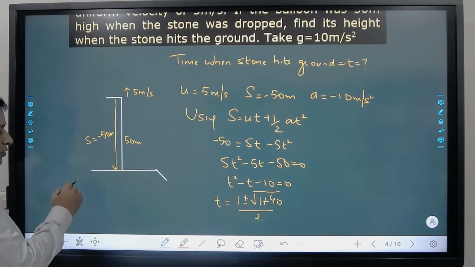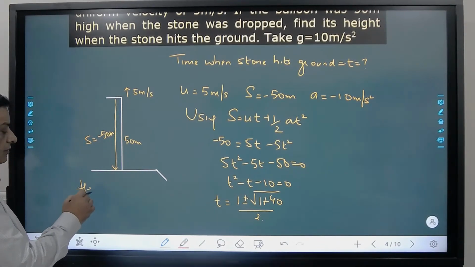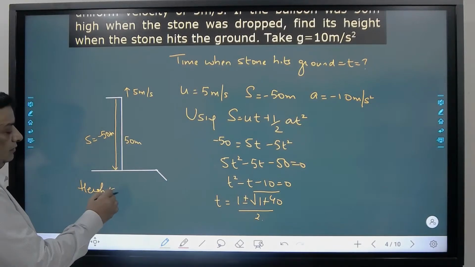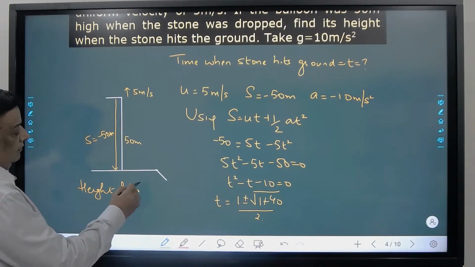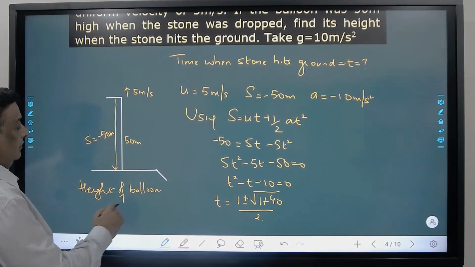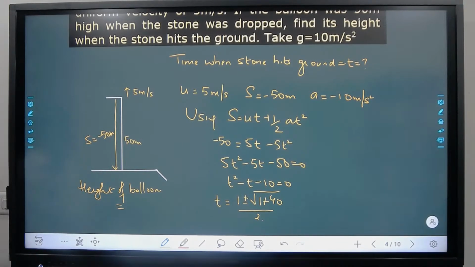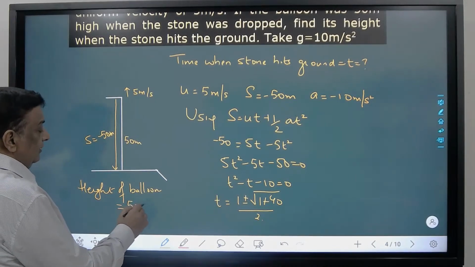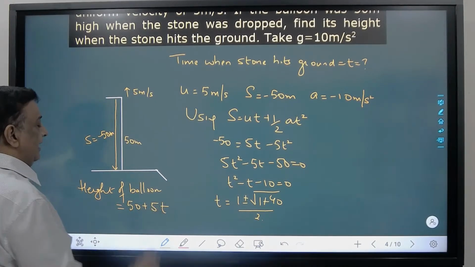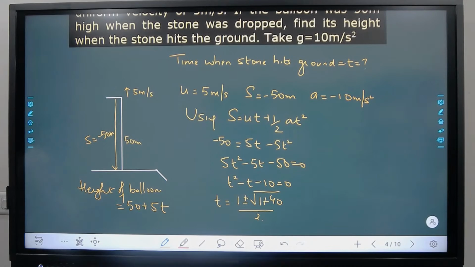And then the height of the balloon will be, initially it's 50, and in time t it moves up further by 5t. So the height of the balloon is 50 plus 5t.